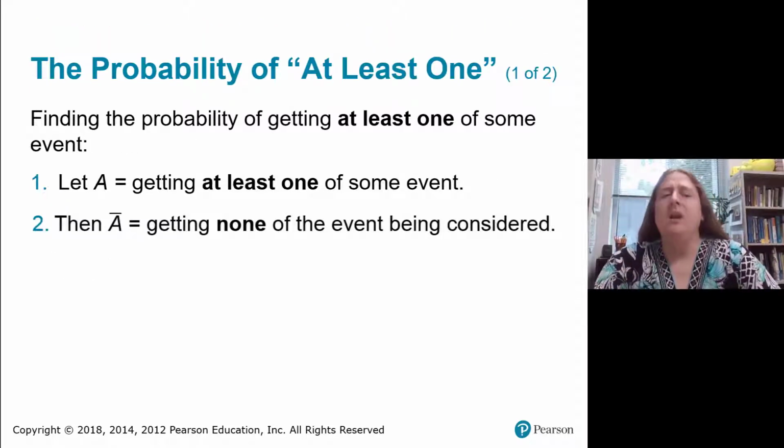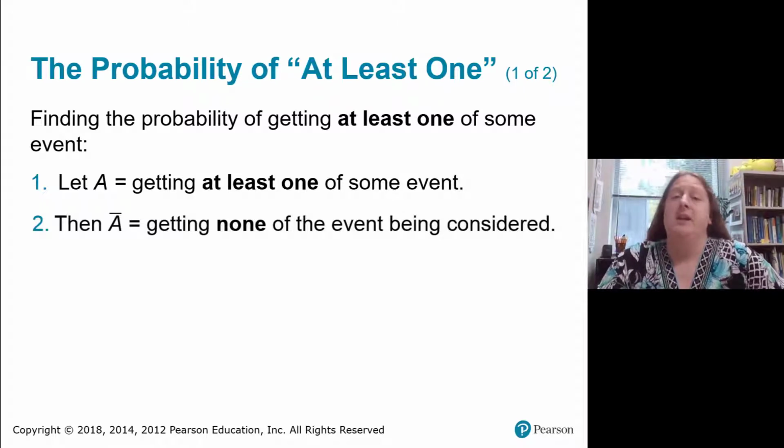So if we want to find the probability of at least one, we're going to go through a series of steps. The first one is A is going to be the event of getting at least one of some event. And then A complement will be getting none of that event.